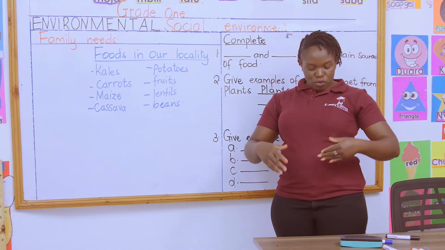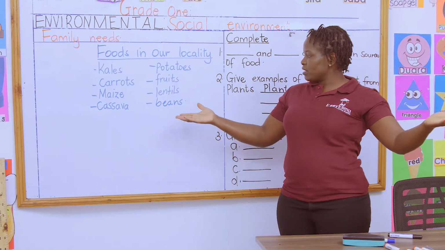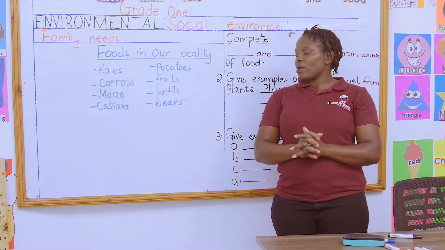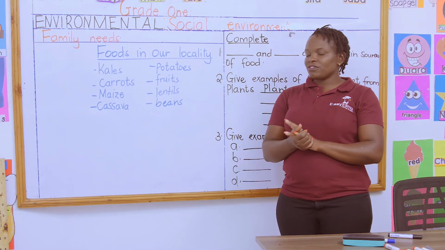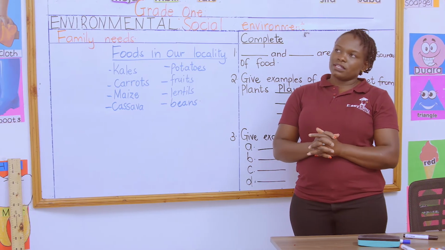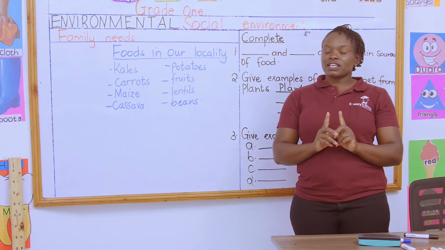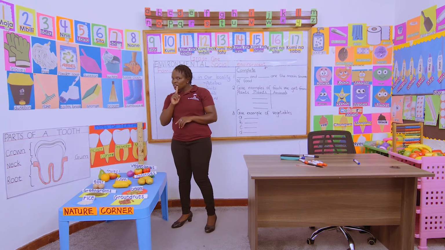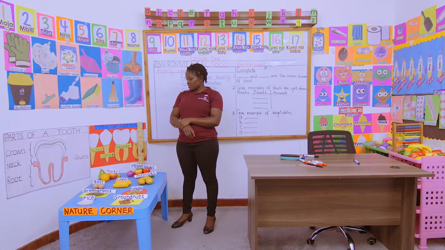Very good. For me to grow like this and big and strong enough, I need food. Why else do I need food? Yes, Oscar. Teacher, we need food to prevent illness. Very good. And when you look at these foods, which foods do you think prevent illness? Teacher, the groundnuts.